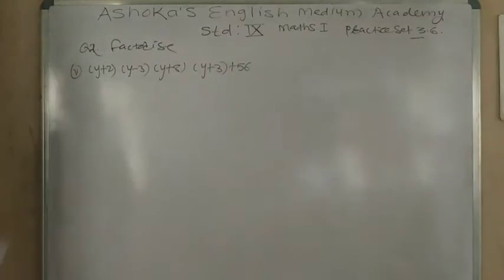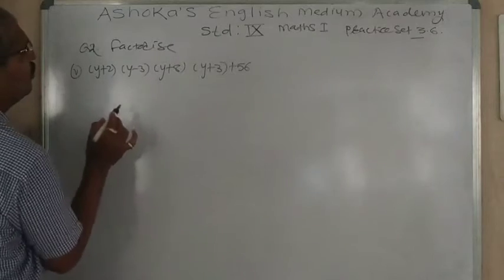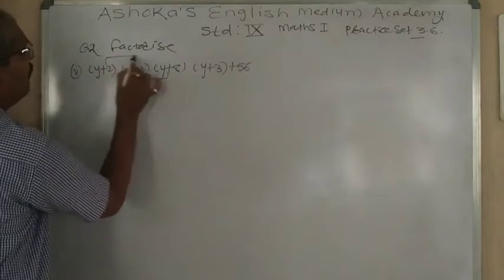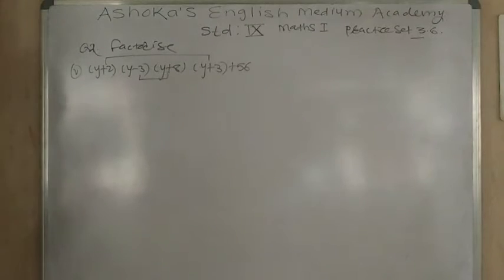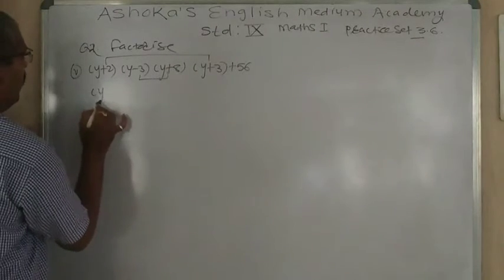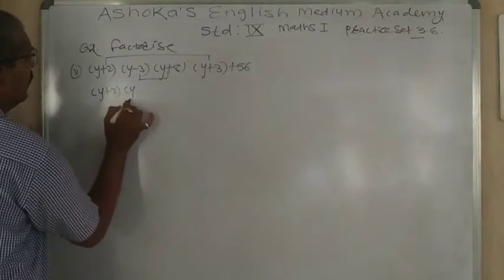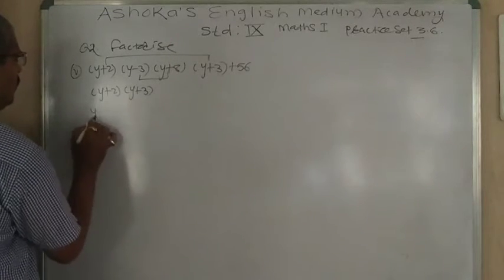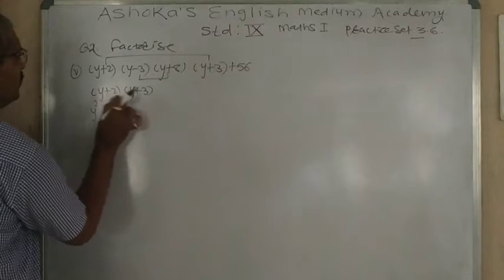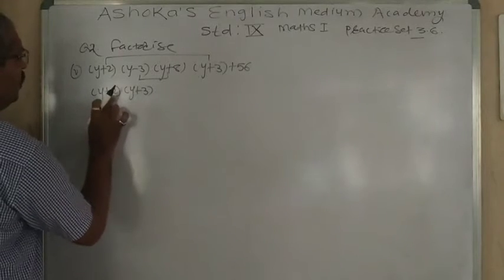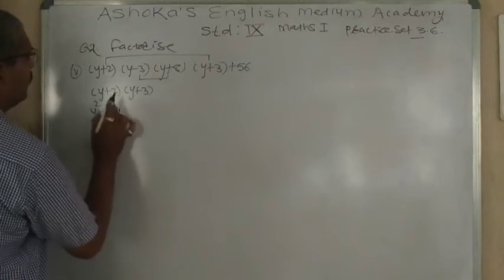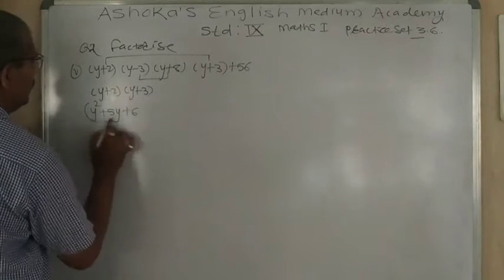Now we will do multiplication of these two terms, y plus 2 and y plus 3. You will get first term square, first term into first term, y square. Second term, do addition of second terms, means 5y. 2 threes are 6.